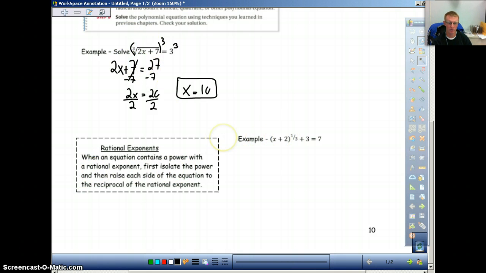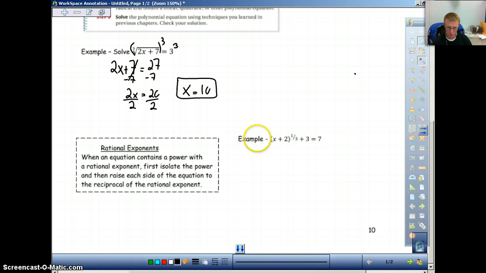Then raise each side of the equation to the reciprocal of the rational exponent. So if your exponent is, say, 2/3, we will raise it to a power of 3/2 because then they'll cancel out. If it's 1/5, then we would raise it to the power of 5/1, or just 5, to get rid of it.